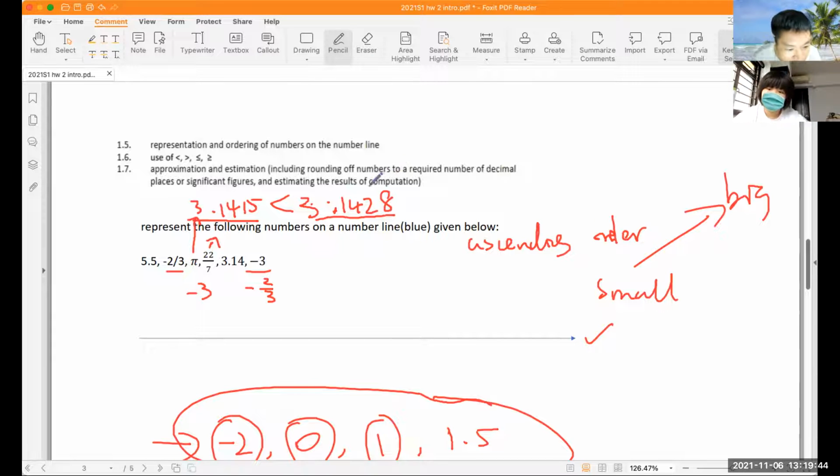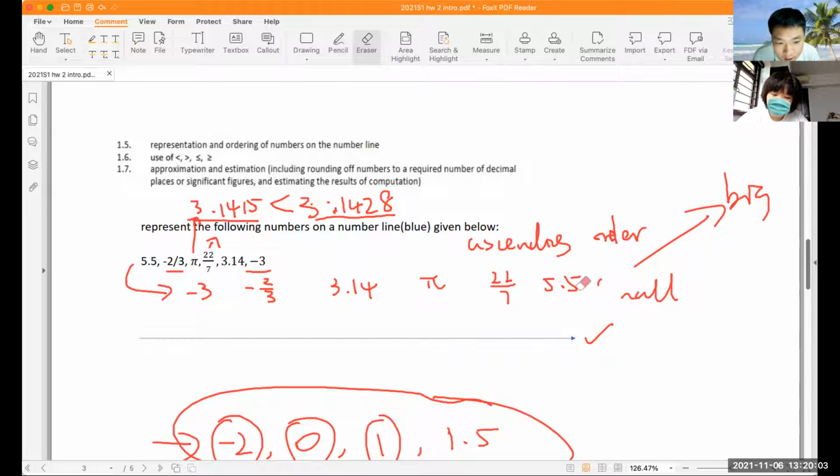So therefore, the next smallest is 3.14, and then the next smallest is pi, and then you have 22/7. Then you have 5.5. So you have already arranged all numbers in ascending order, and with this, you can represent them on a number line.